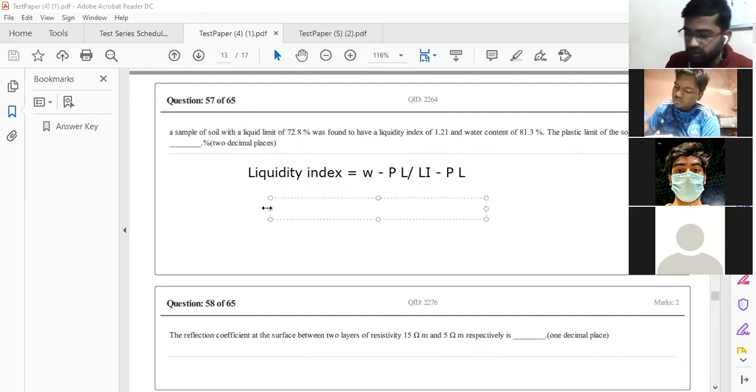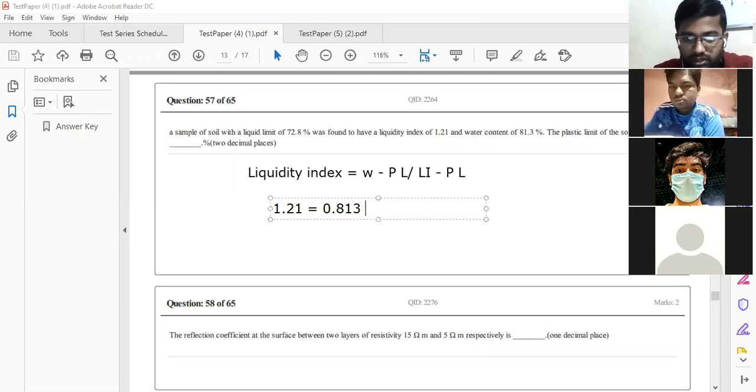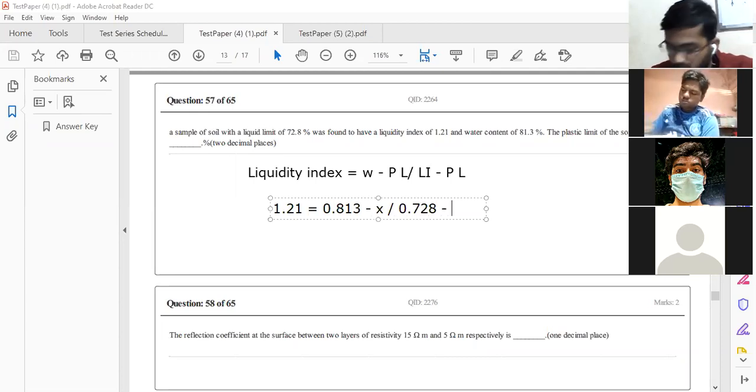Okay, so your liquidity index 1.21 is equal to water content 81.3%. Okay, percent. Meaning of percentage is divided by 100. So you get 0.813. Correct. Minus PL, just consider X. Divided by liquid limit 72.8, means 0.728, minus PL, PL is X. So solve this.